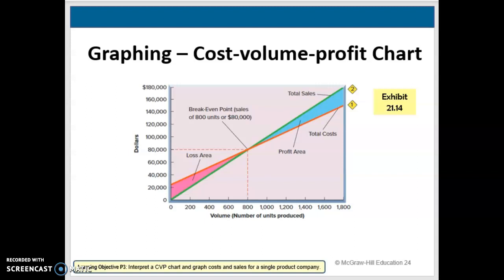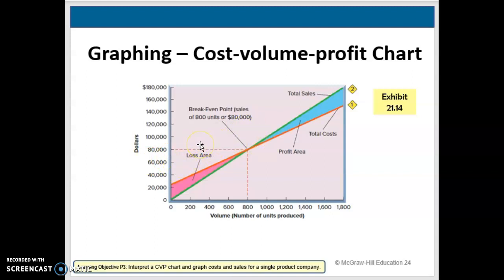So the horizontal axis is the number of units produced and sold, and the vertical axis is the dollars of sales and costs. So the lines in the chart show both sales and costs at different output levels.